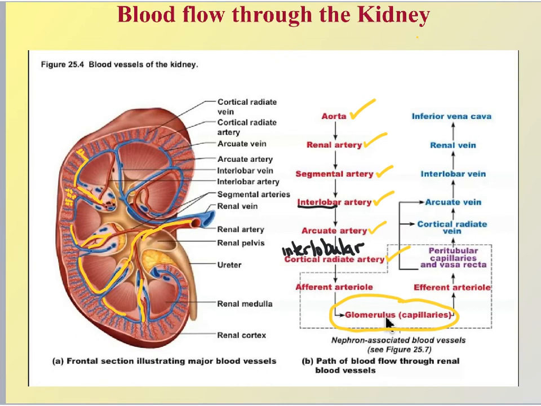So that blood is going to leave the kidney in exactly the same pathway that it came in from, but it's going to leave out of the veins. So right next to those afferent arterioles are little branches, oops, I don't have my pen on, little branches of blood vessels called efferent arterioles.